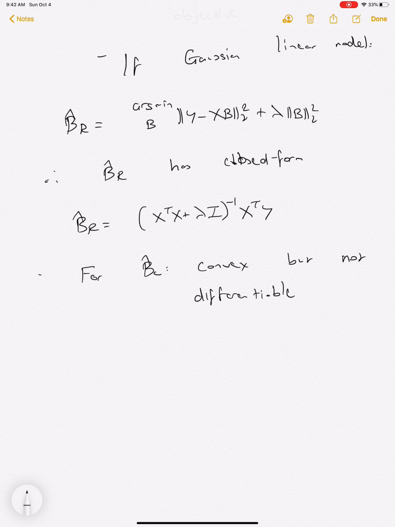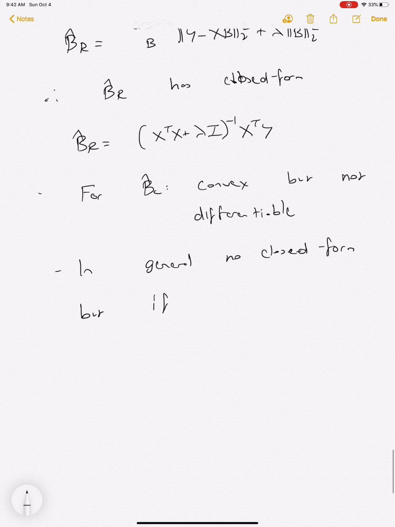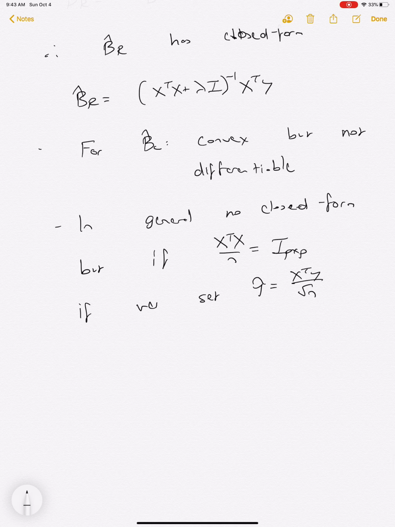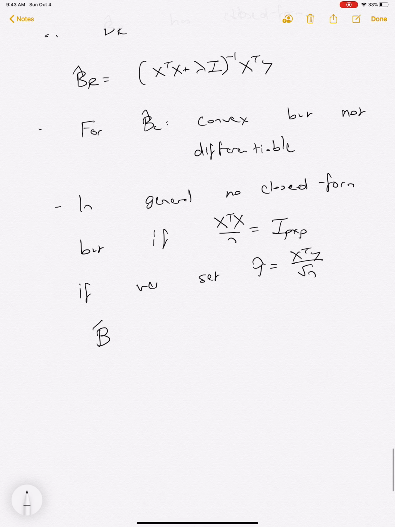In that case, in general, there's no closed form, but in this special case, if we set y in this way, then we could see that beta hat L_j is equal to this soft thresholding operator.